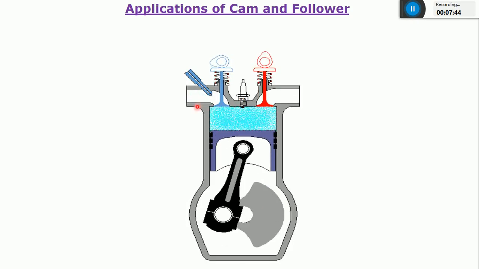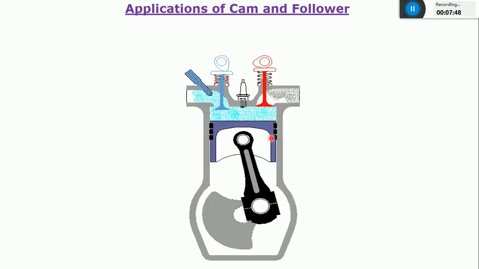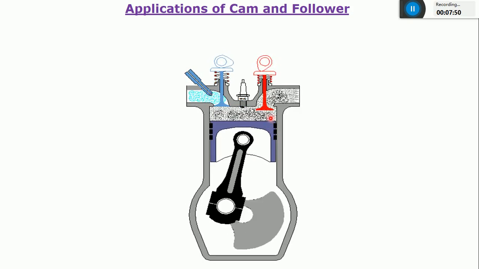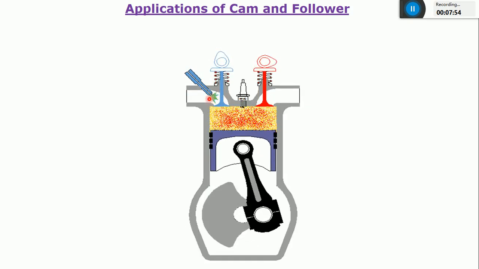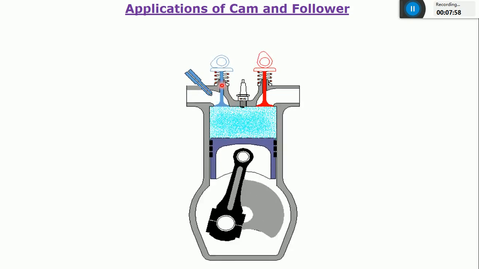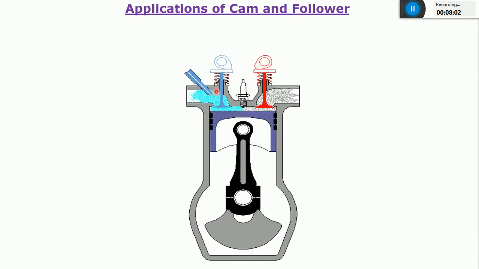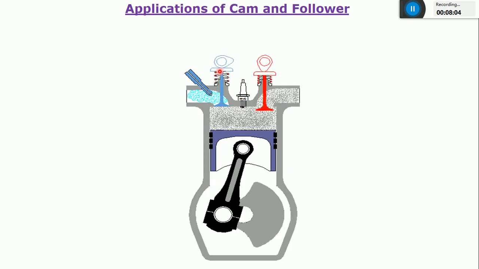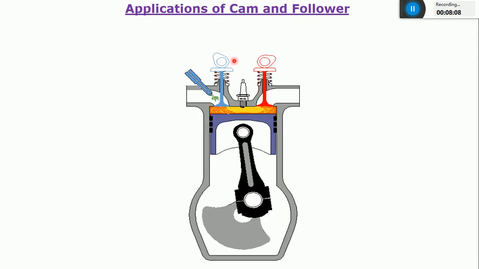These are used to control the fuel which is going to enter and the exhaust gases which are going to move towards the outward direction. So these are the inlet port and the outlet port, and these are controlled by the inlet valve and the exhaust valve, correct? And the movement of this inlet valve and the outlet valve is in turn controlled by a cam and follower.